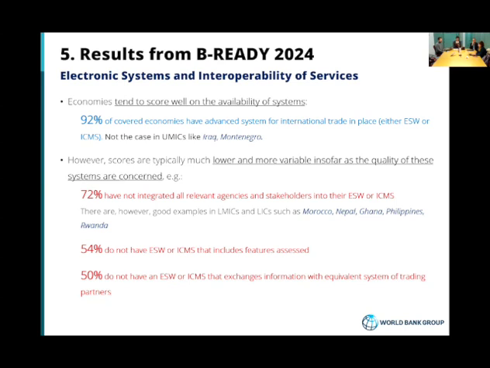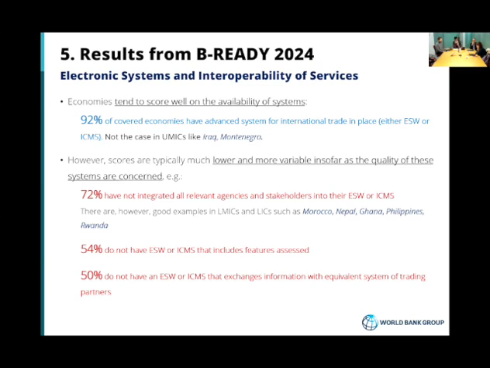We see that 92% of the covered economies in the first report, being 50 in number, have some advanced system for international trade in place, either an electronic single window or an integrated customs management system. And we have many examples, and if we had more time, we would have liked to go into some of them in more detail.